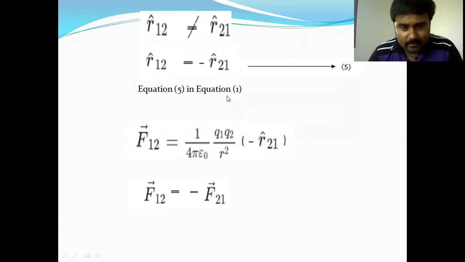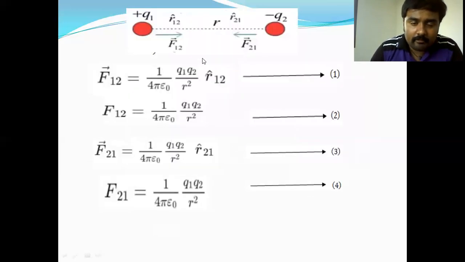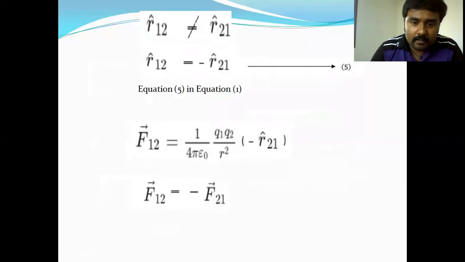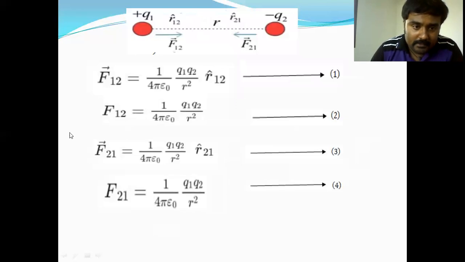Then we get the F12 vector equal to 1 divided by 4 pi epsilon naught Q1 Q2 divided by R square, and instead of R12 cap we can write minus R21 cap. So the minus is there as it is, and the remaining 1 divided by 4 pi epsilon naught Q1 Q2 divided by R square into R21 cap, what is that? That is the F21 vector.